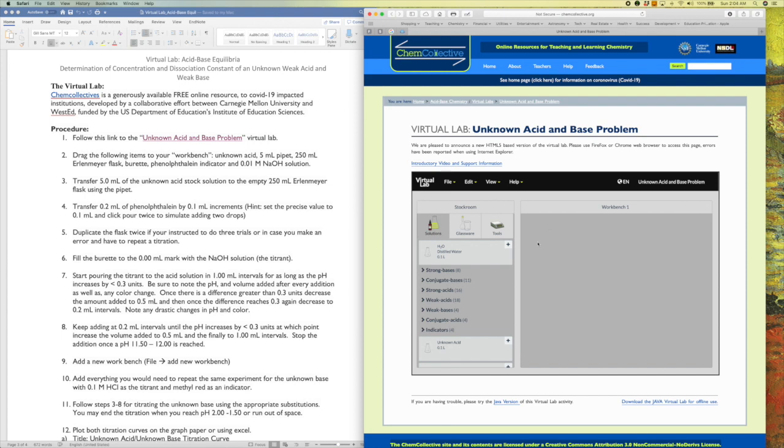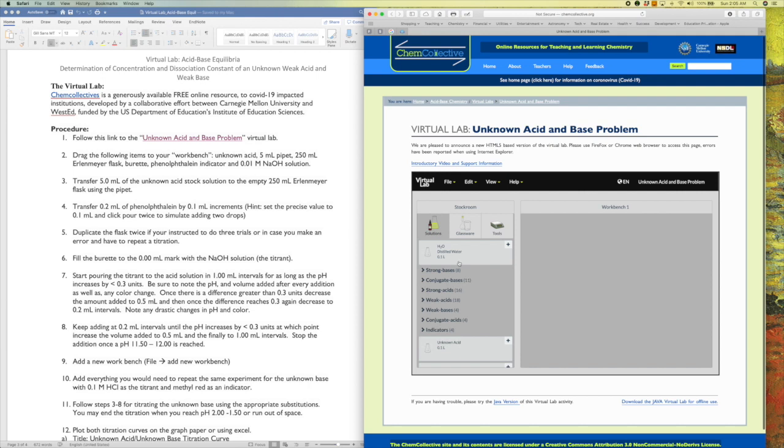And what you see here on the right hand side is a workbench that is simulating your bench top, or what should be your bench top. And on the left, we have the stock room, which holds all of the chemicals and glassware and any instrument you would need for a particular lab.